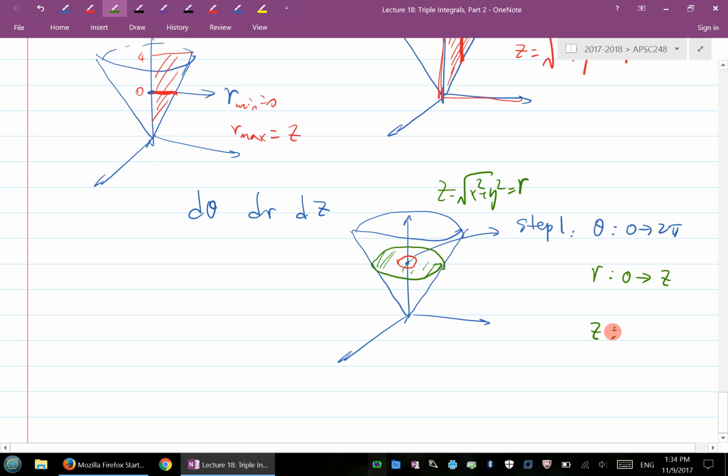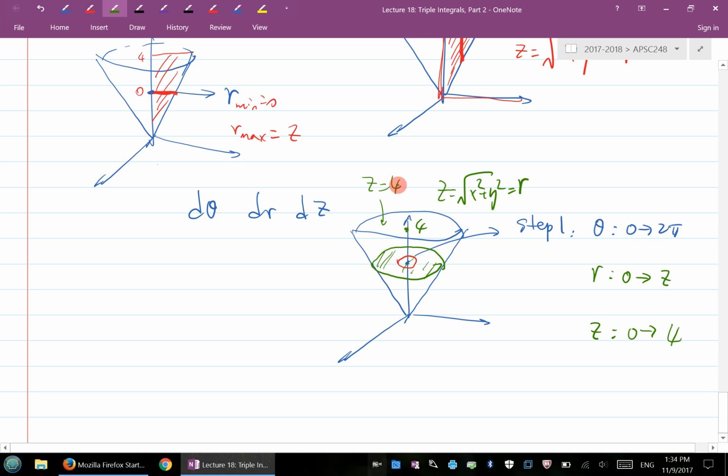Finally, for z, you move this green disk, this green circle, from the bottom to the top to scan through this whole region D. So that's 0 to, let's say this is a 4 here, to 4. The top cross section is, just for example, z equals 4. There's a top plane here. So those will be the limits.